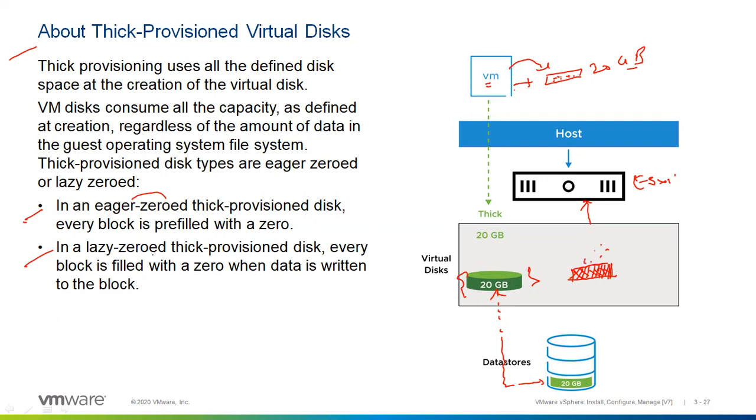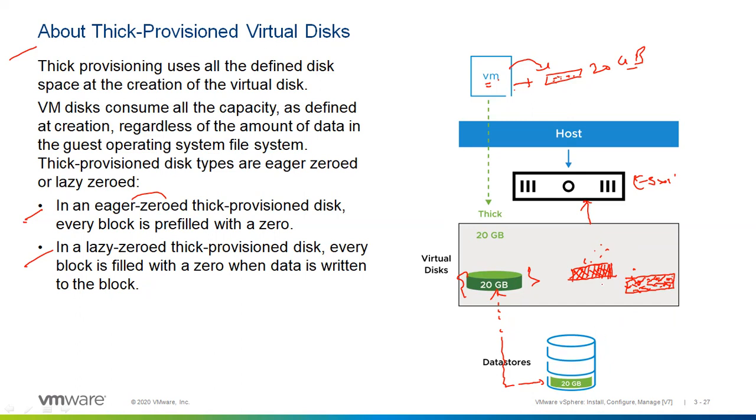When we say lazy zeroed, it will again consume the same 20 GB of space, but whenever the first write comes, first write meaning the VM is trying to write something here, some file, operating system deployment and so on, then it will do the zeroed format. Zeroed format means it is consuming the whole space that is allocated.